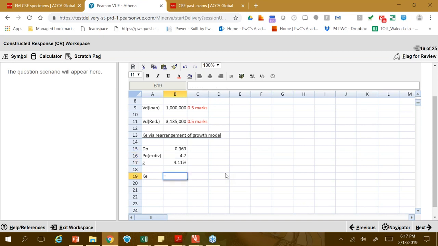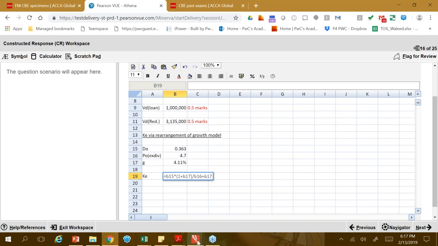So the KE is D0, which is B15, into 1 plus the G, which is B17, over the P0, which is B16, plus the G, which is B17.